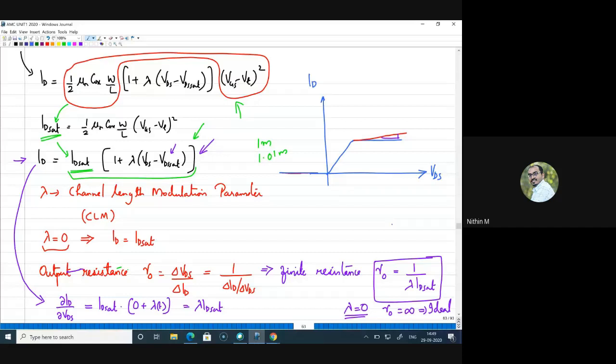So how to get that is, generally from this graph, if we extrapolate this line, and when it meets this x-axis, this voltage is actually negative VDS, right? This is in fact a negative value of VDS.